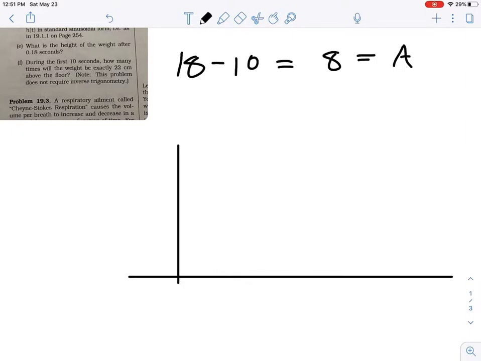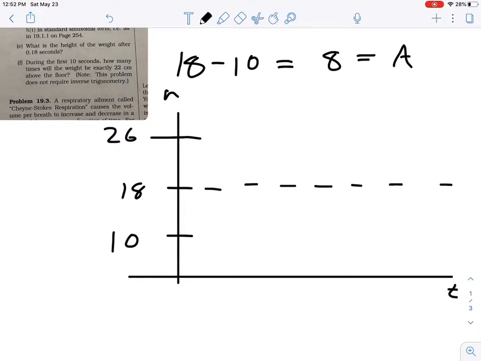We have our minimum at 10, our midline at 18, and our maximum at 26. I like to dash my midline typically. My min and my max are there. So this is time, this is height.